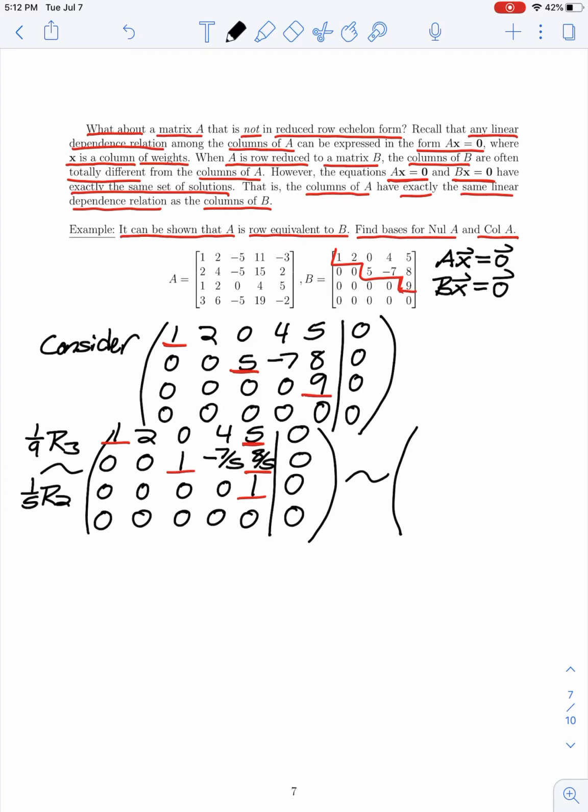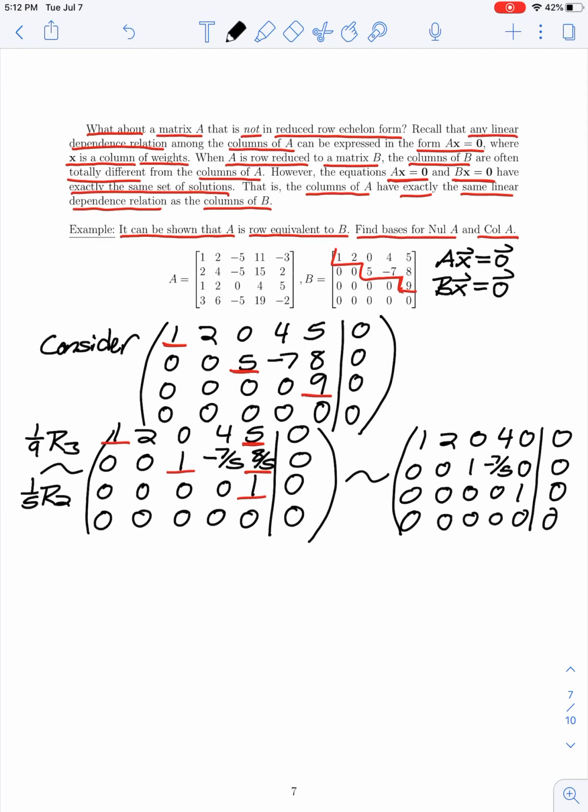Performing those indicated operations, we're left with the matrix 1, 2, 0, 4, 0, 0, 0, 1, -7/5, 0, 0, 0, 0, 0, 1, 0, and a row of all zeros.